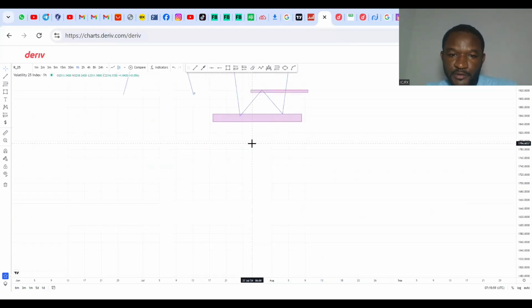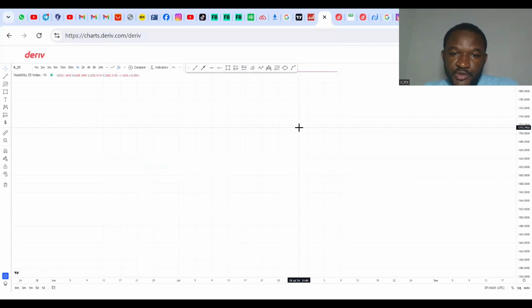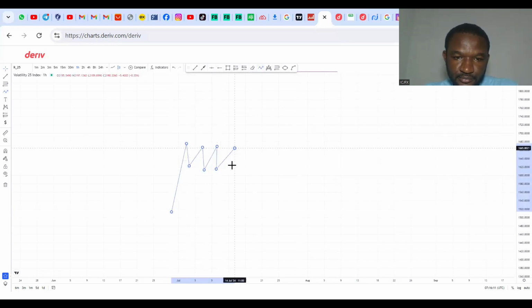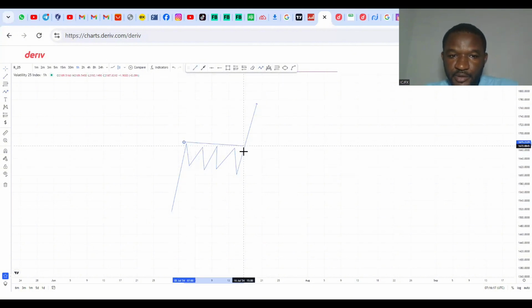Now I have what we call the continuous patterns, or the bullish pattern. This is it. In this case, it is called impulse, correction, impulse.